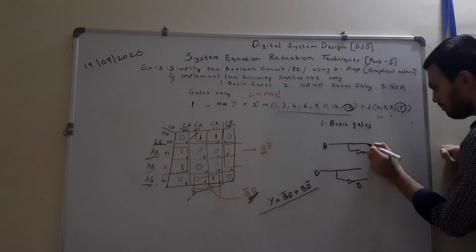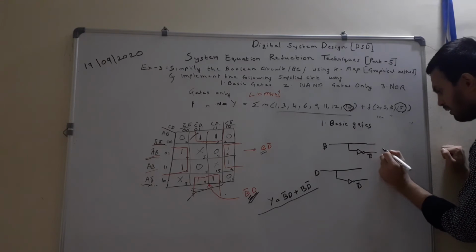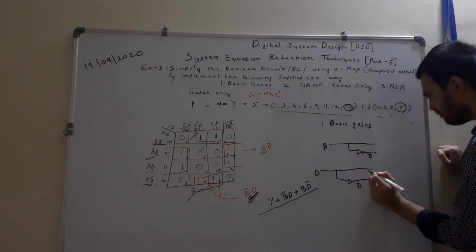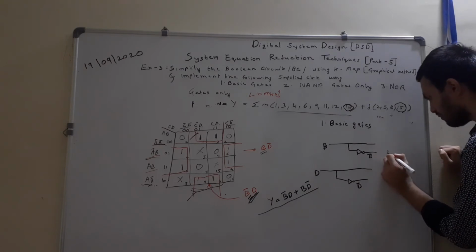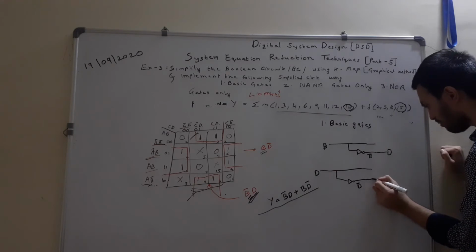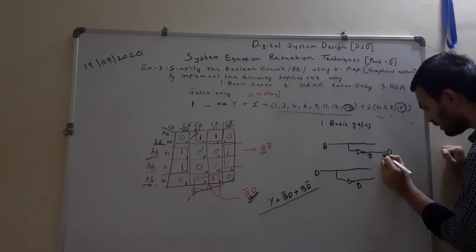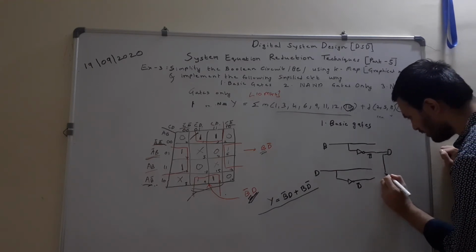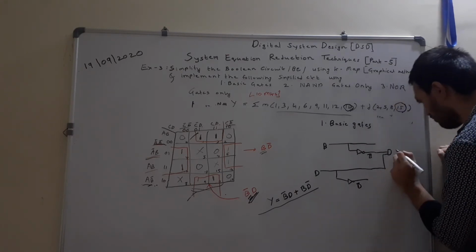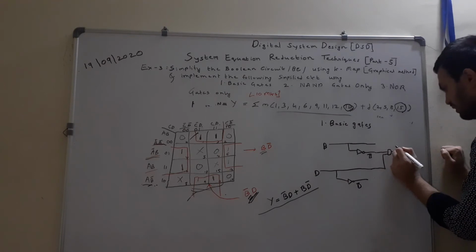Now b bar into d is there, so we will draw the circuit. So here one AND gate will be there, here b bar will be connected to it, and from here it will be connected to, let's say, d over here. So which will give our first term, that is nothing but b bar d.